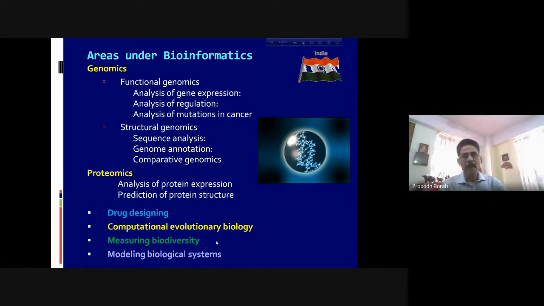And biodiversity measurement, therefore, is a very important aspect of application of bioinformatics today. Now, application of bioinformatics is not limited to only the areas that we have explained so far, but it has gone far beyond that.